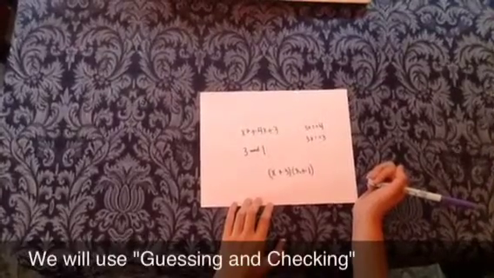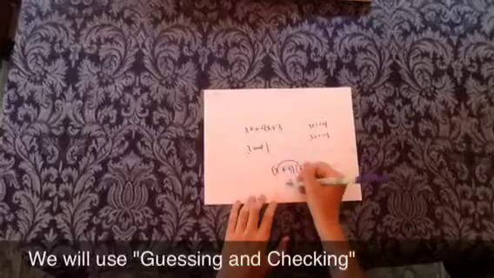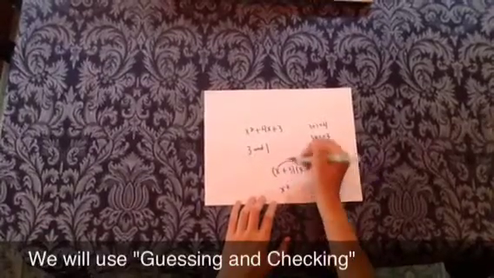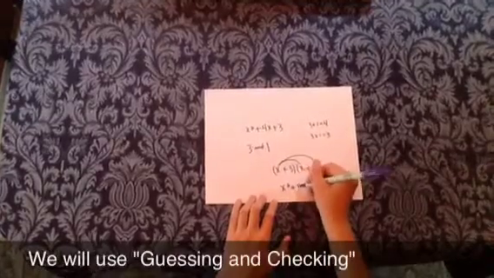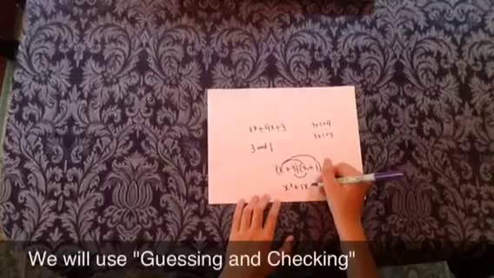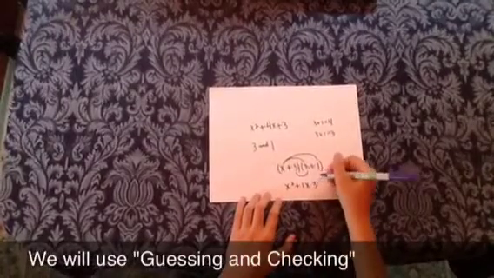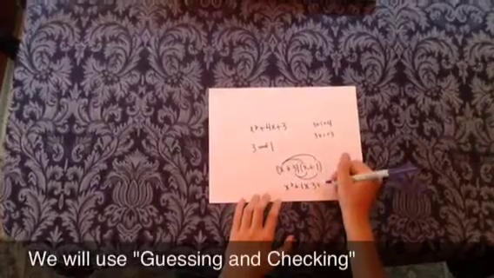Let's remember how to FOIL. Oh, that's right, front, x squared, outside, x, inside, 3x, and last, 3.